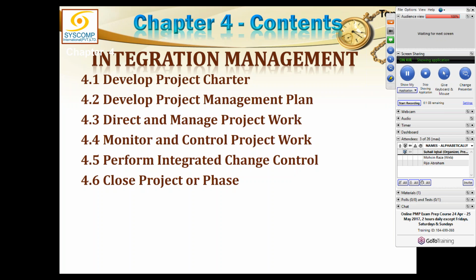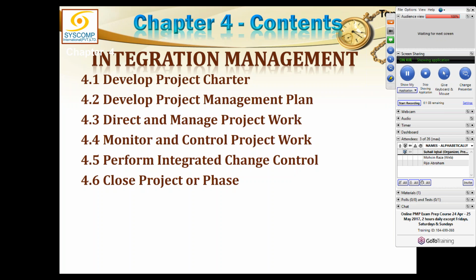Therefore, I will first identify all the stakeholders, record their names in a stakeholder register, and also analyze them and develop certain groups of like-minded stakeholders. Then I will strategize how to deal with each group, so I will develop a stakeholder management strategy as well.